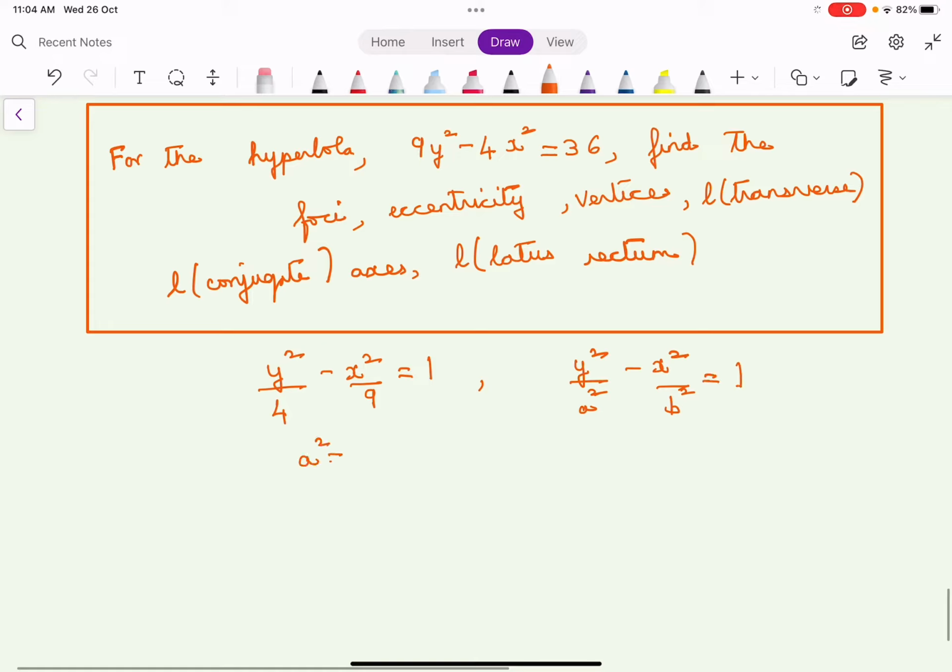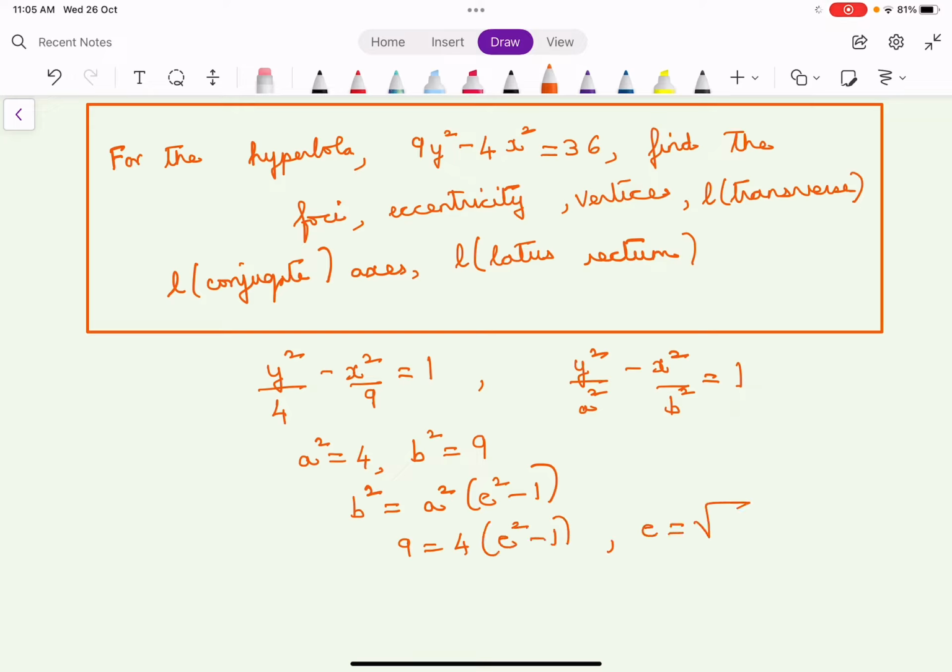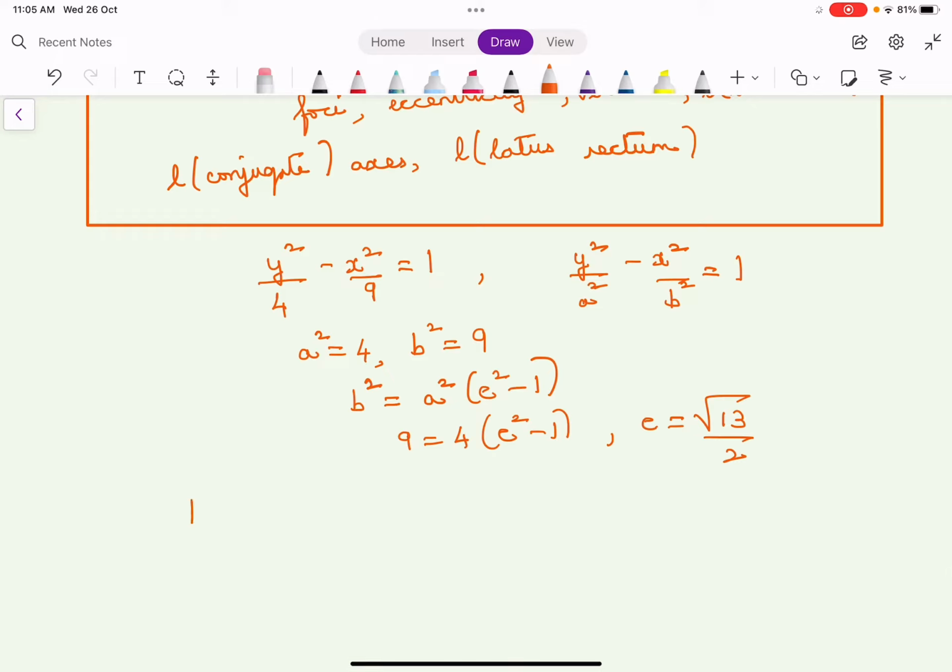So a squared is 4 and b squared equal to 9, and we use the formula b squared equal to a squared into e squared minus 1 to find the eccentricity. So 9 equal to 4 into e squared minus 1. So simplifying, you get the eccentricity as root 13 by 2. Notice that the eccentricity is always positive for a hyperbola.